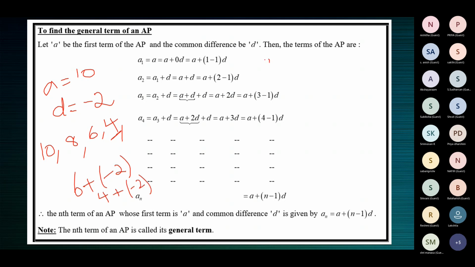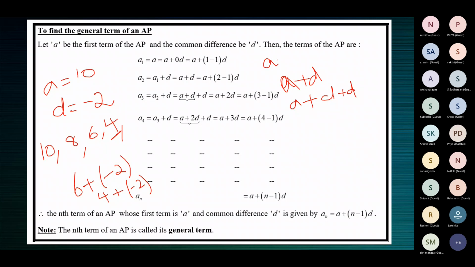Now the terms of the AP in general: the first term is a. The second term is the first term plus the common difference, a plus d. The third term will be the second term, a plus d, plus the common difference, so a plus 2d.